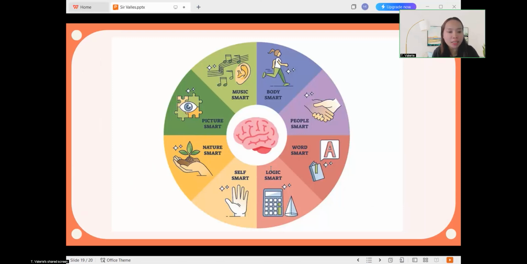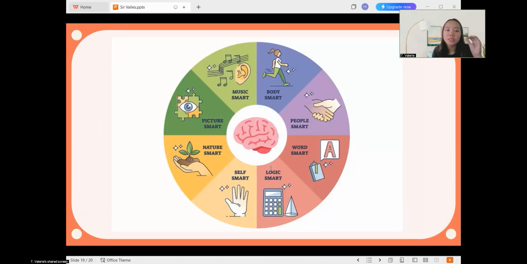Naturalist intelligence designates the human ability to discriminate among living things, the plants and animals, as well as sensitivity to other features of the natural world. For example, we have clouds, rocks, and configurations. This is the ability of the students.